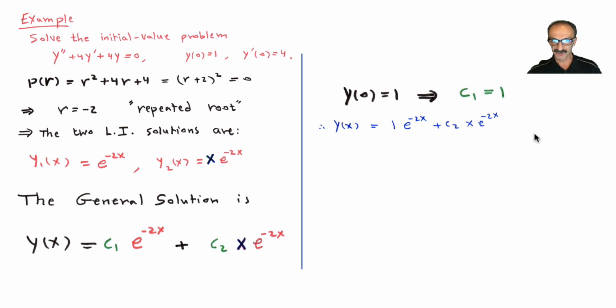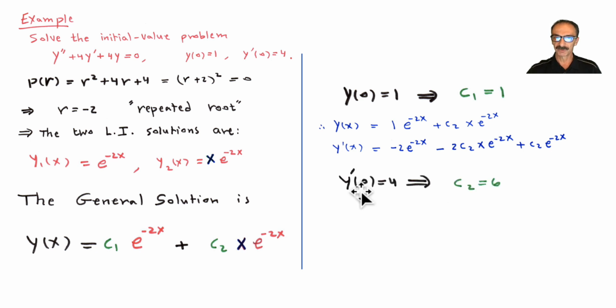Now we're going to find its derivative, so I can use the given information, y prime of 0 equals 4, to target C2. That's y prime. We use the product rule right here. That's why you have more terms.